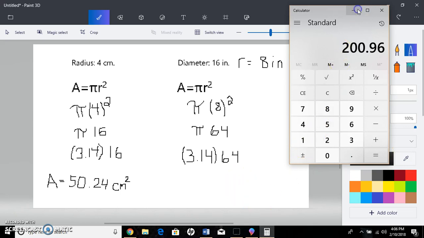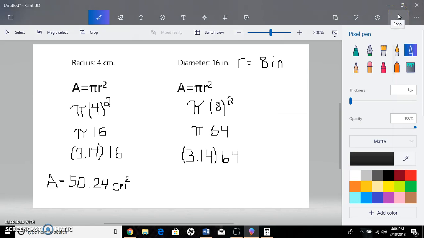So we're going to plug that in and we get A equals 200.96. And now since we have inches in our answer, we're going to put inches, and make sure you put a squared. And that is how you solve for the area of a circle with a radius and a diameter.